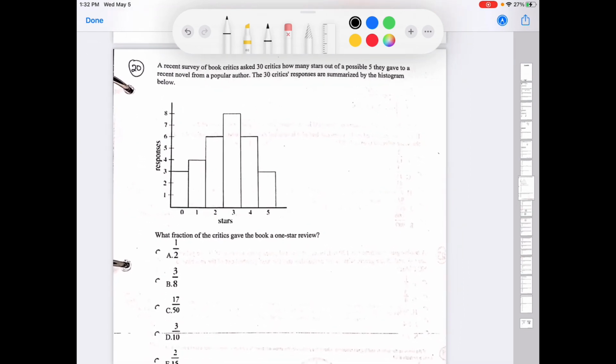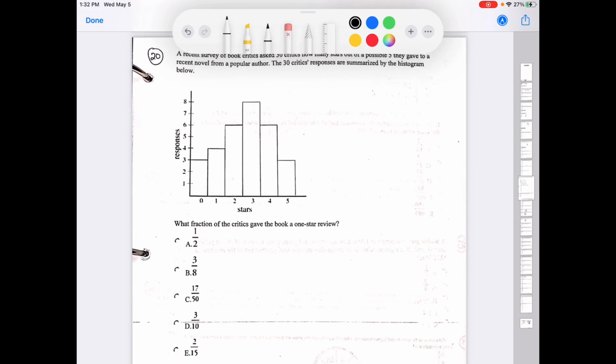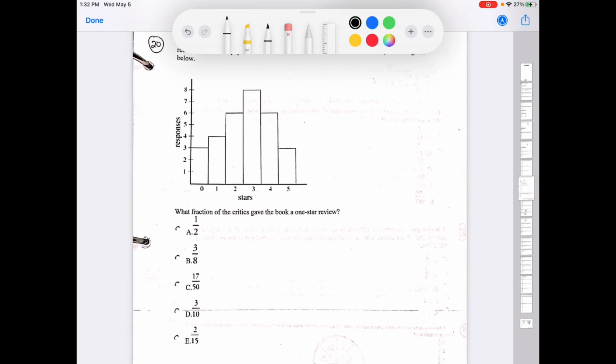Well, let's finish with number 20. A recent survey of book critics asked 30 critics how many stars out of a possible 5 they gave to a recent novel. The 30 critics' responses are summarized by the histogram. What fraction of the critics gave the book a 1-star review? So here's our stars. Here is our group that picked 1 star, and that was 4 people.